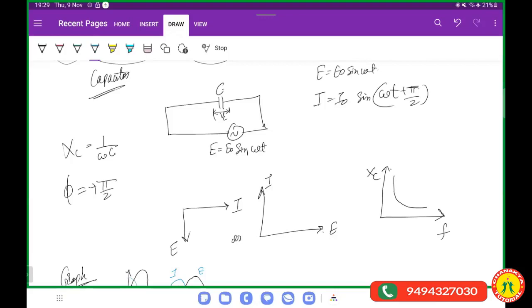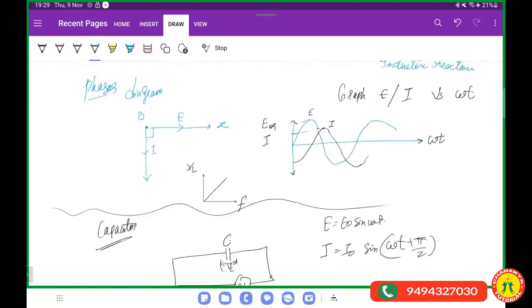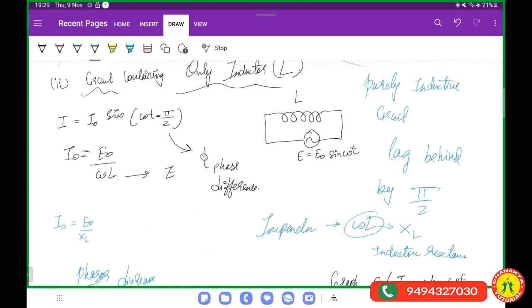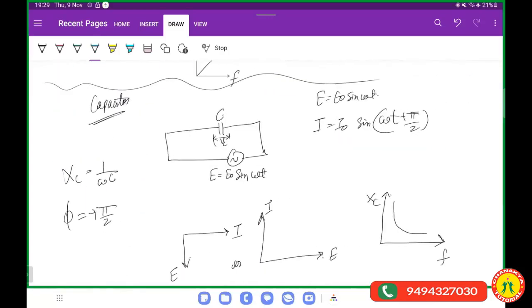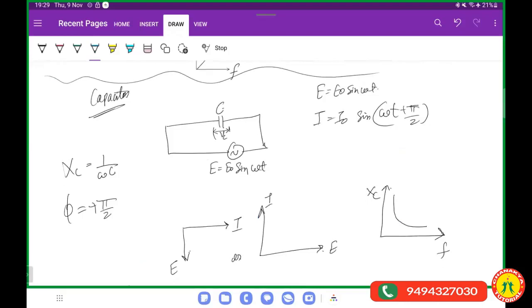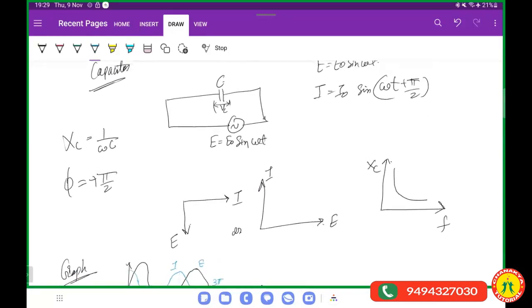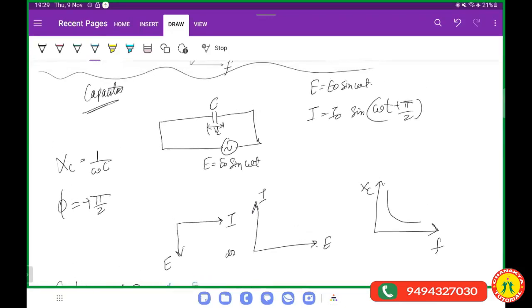So could you explain how it's plus pi by 2? In a capacitor and an inductor, they are working oppositely. They both work opposite. Actually, there is a full derivation for it. I just wrote the formulas directly here. Actually, there is a derivation for how to get this pi by 2 and all that.